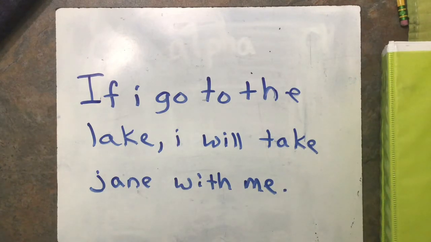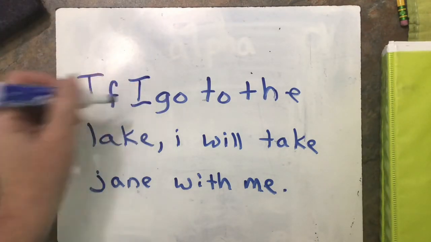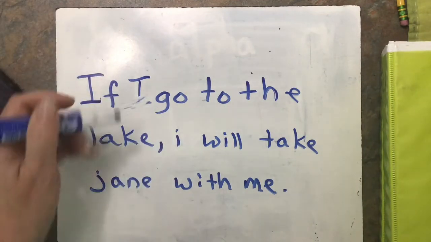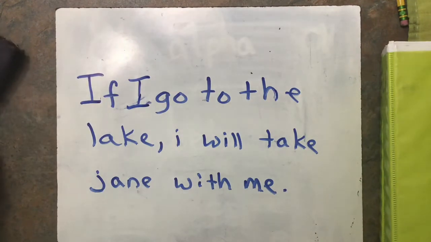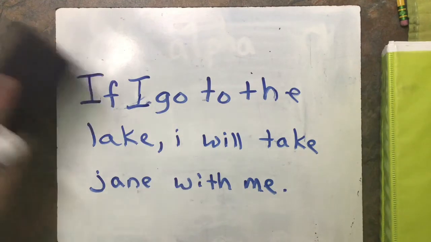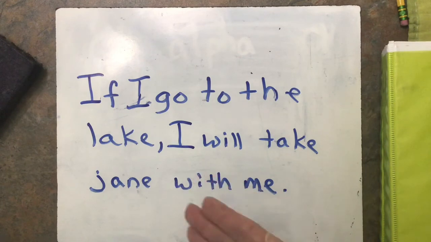Back when we had class and you had writing over at Miss Massey's table, a lot of you did not capitalize this word when you should have. It is the word I. I is the name that you're giving yourself in this sentence. You are calling yourself I. That has become your name. And because it's your name, it must be capitalized. If it's at the beginning of the sentence and if it's in the middle, it always gets capitalized because I is your name. You're calling yourself I, okay?